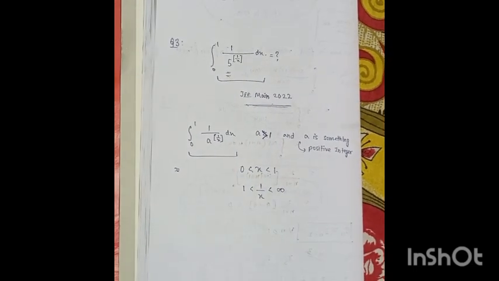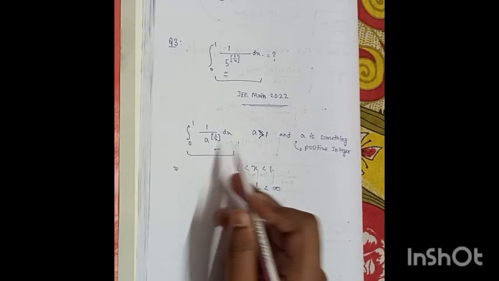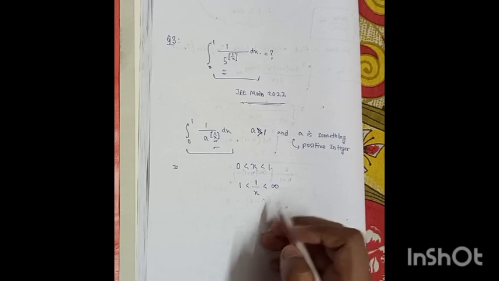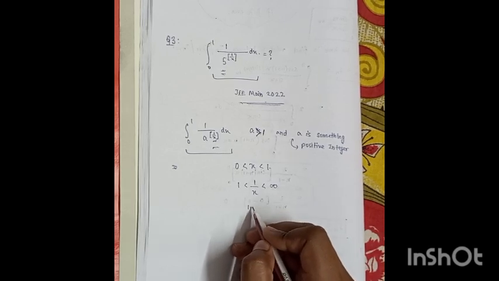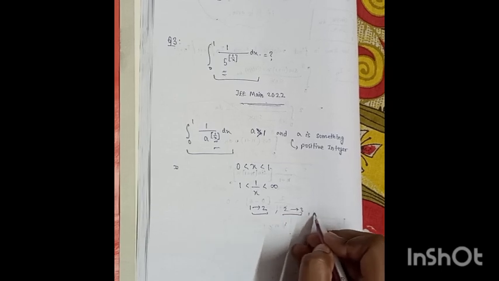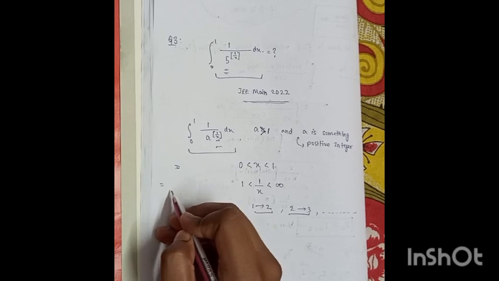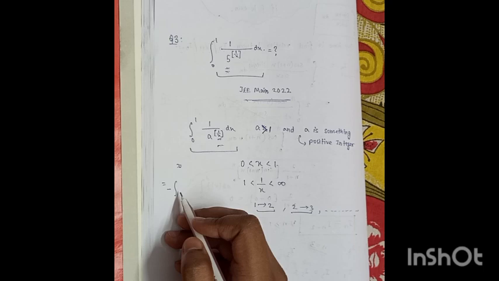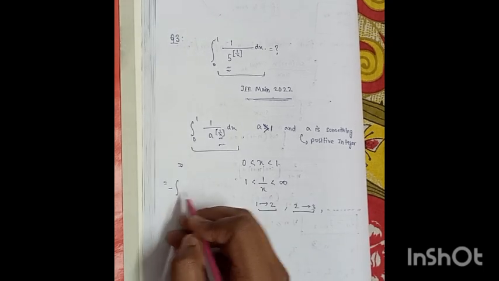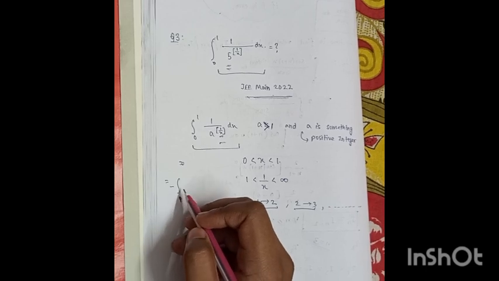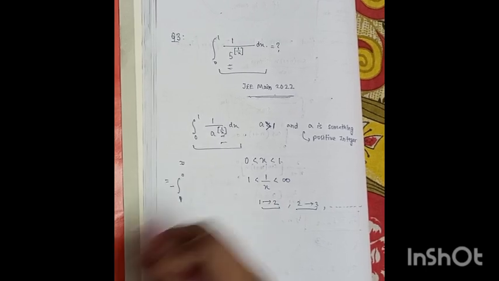Now as we know the property of the greatest integer, it breaks at every integer. So 1 to 2 will be a different function, then 2 to 3 a different function, and so on. This will continue up to infinity. So first let us change the limits, that is, invert the limits, so that there will be a negative sign outside and the limits will change from 1 to 0.